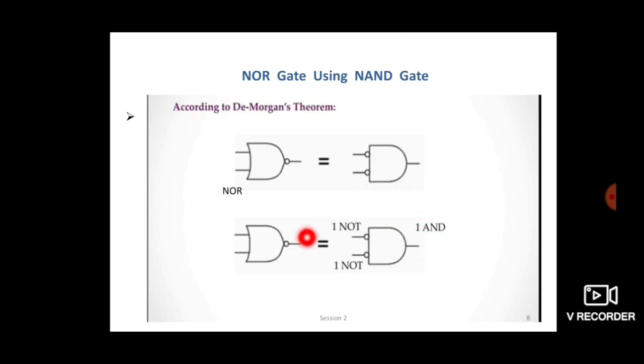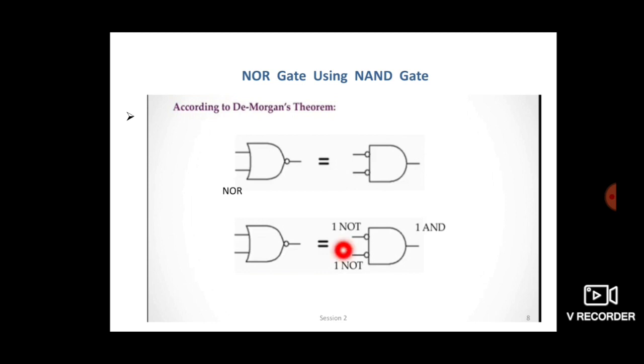Now how to construct this symbol using NAND gates? Just construct this symbol using NOT and AND gates. Just now we saw in the AND gate, with a NOT gate, if a double bar is there, then cancel both bars and get only A dot B. Same way here, A plus B double bar is equal to A plus B. So NOR plus NOT is equal to this.